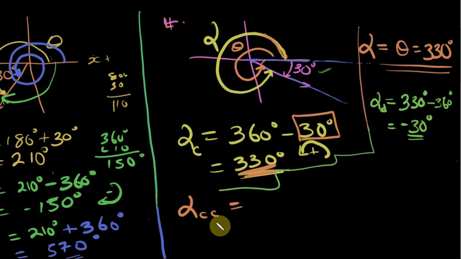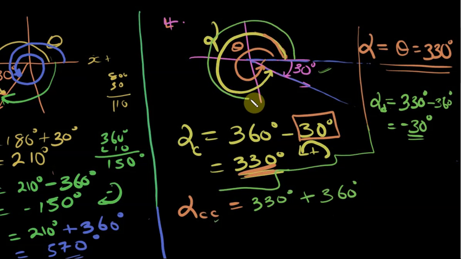Let's find another one more. 330 degrees plus 360 degrees. That will give us this one. Let me draw it there.